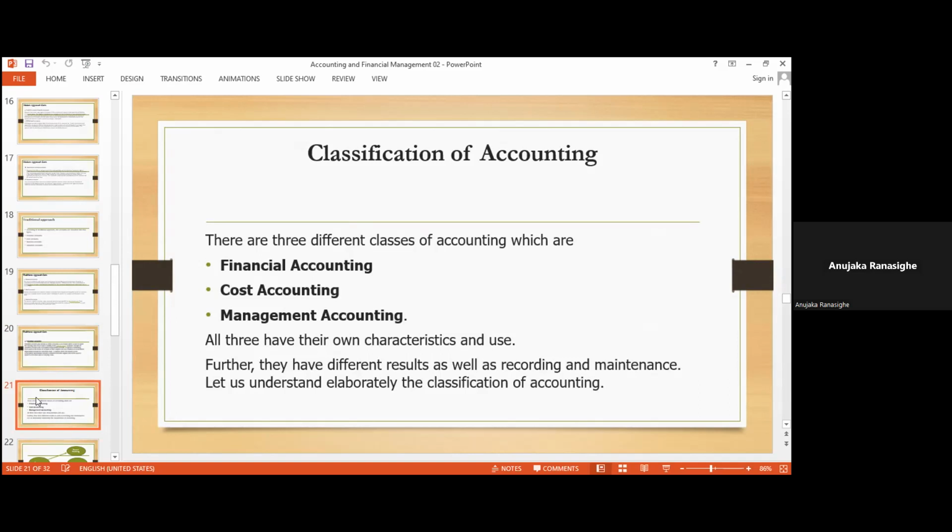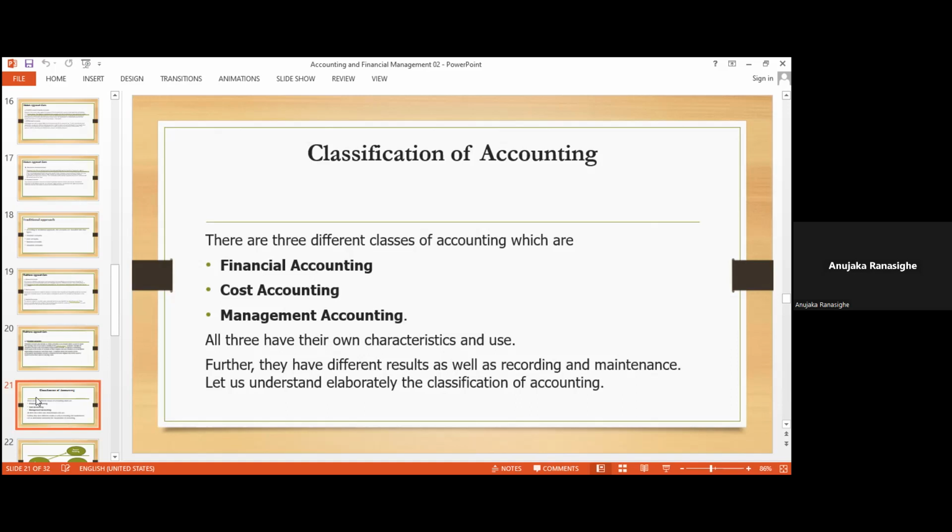Financial accounting, we already know what it is. Cost accounting, we discuss next lesson after the financial accounting. Management accounting is the last lesson of your module. But I explain here now.